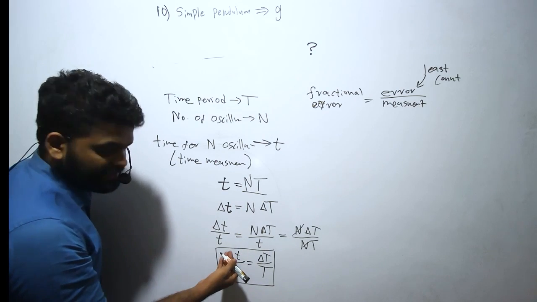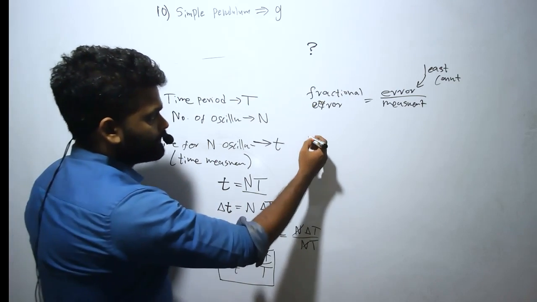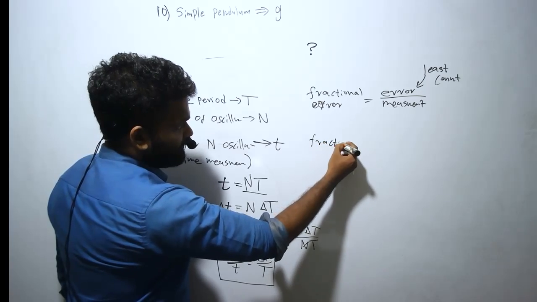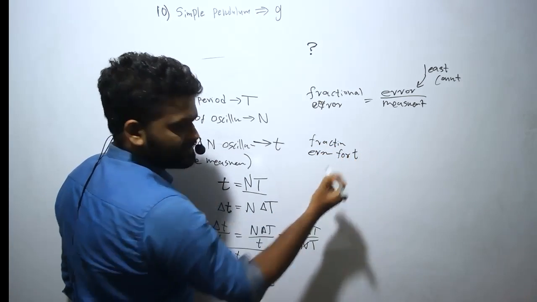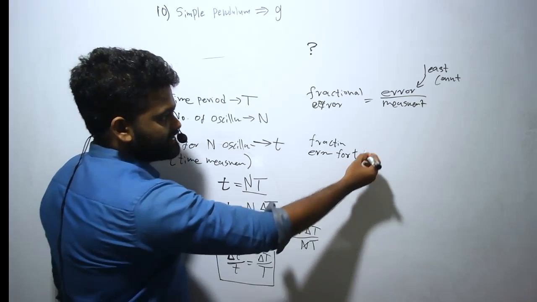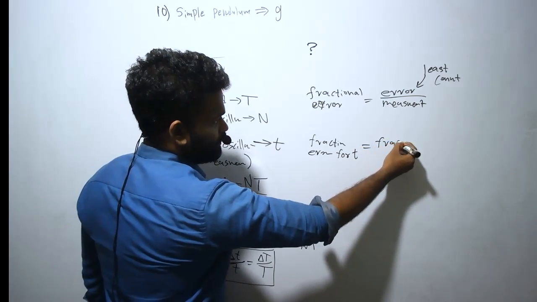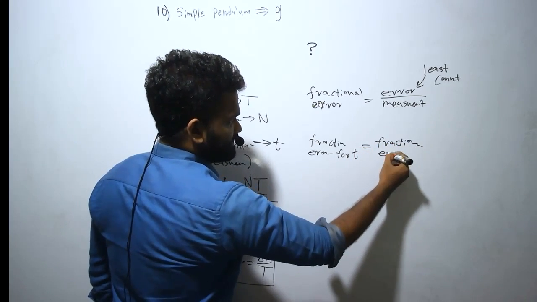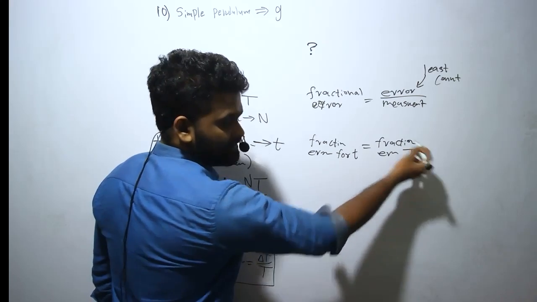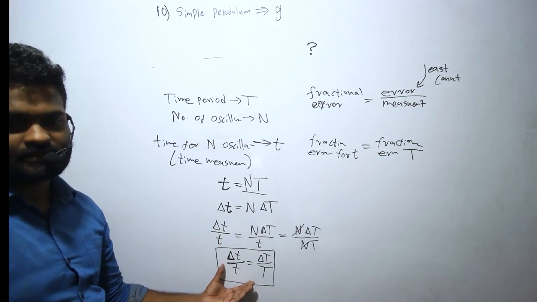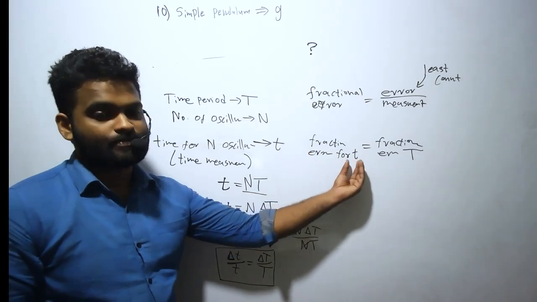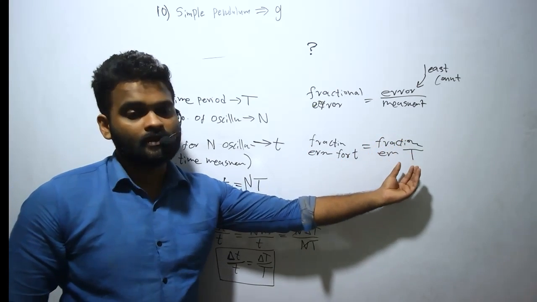Fractional error for simple t is equal to the fractional error for the time period. That is what this means.